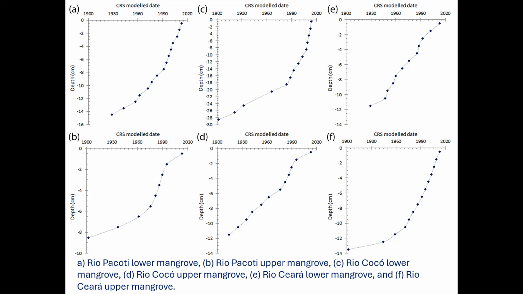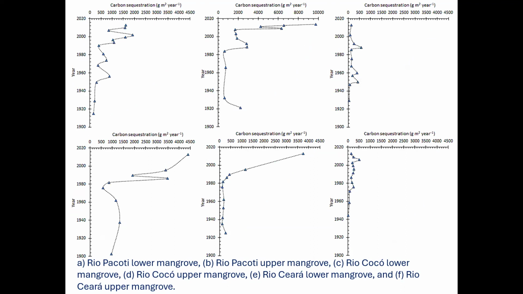From that, once we know how much carbon is stored in there, we can calculate the carbon accumulation rates, or carbon sequestration rates. As you can see, they're fairly high compared to global averages, with the very top of the Heel Cockle core at about 10,000 grams per meter squared per year, although it goes down and is more in the hundreds in some of the lower parts.